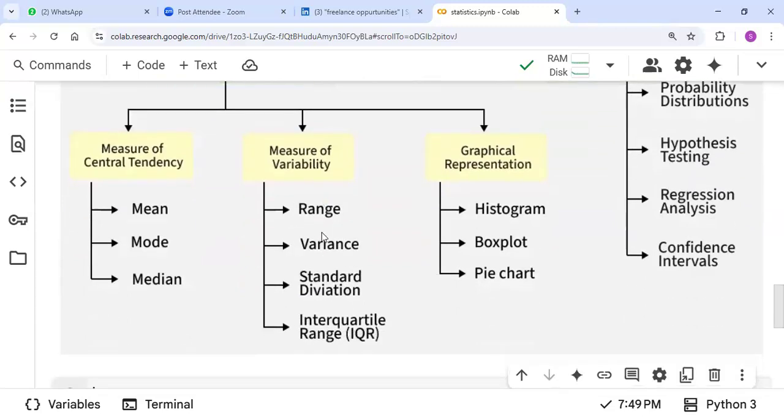So why do we require all these different aspects? We will be exploring that. And there is the graphical representation, all the visualization tools like histogram, KDE, scatter plot.